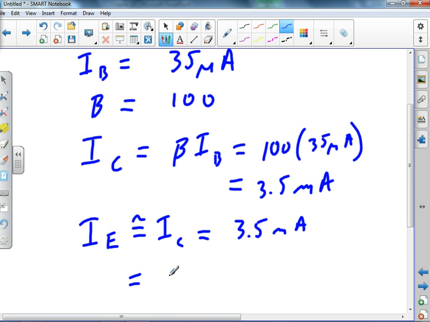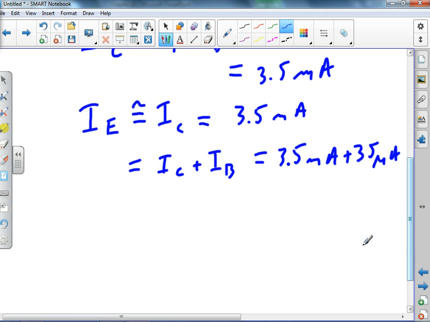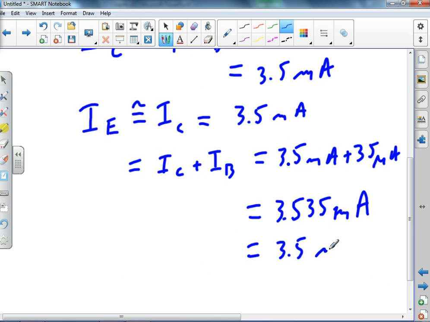Or we could say that it's IC plus IB, 3.5 milliamps plus 35 microamps, and we could call it 3.535 milliamps. Then we'd say, what an idiot, I don't have that many significant digits, I'm going to call it 3.5 milliamps as my final answer, which is exactly what we got before we added them together.